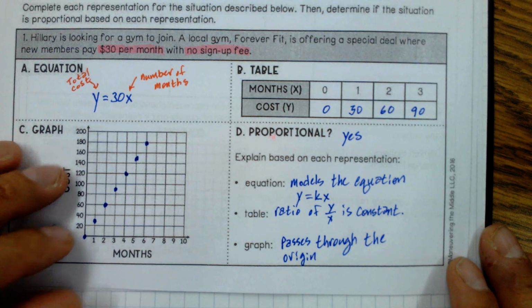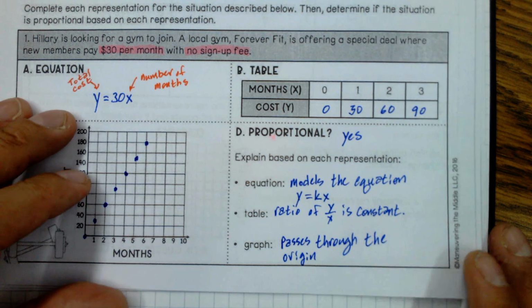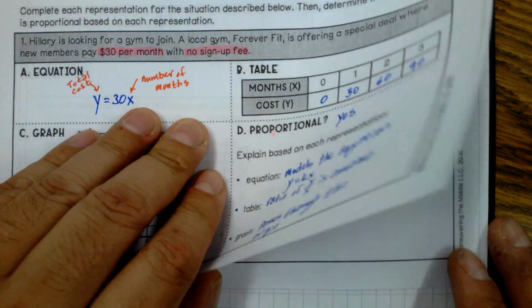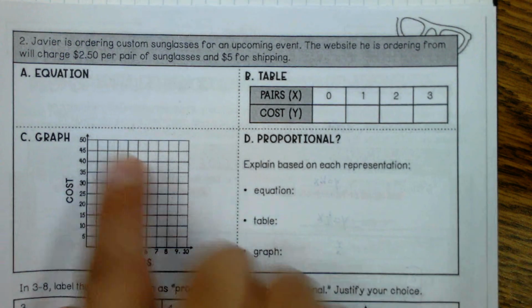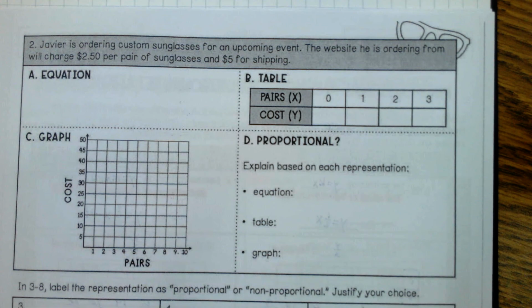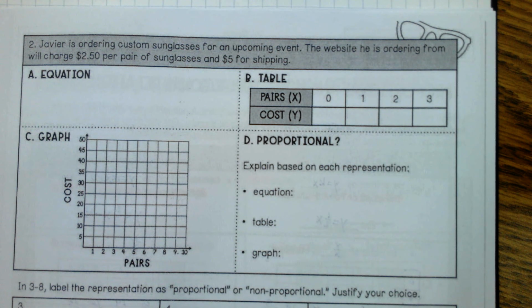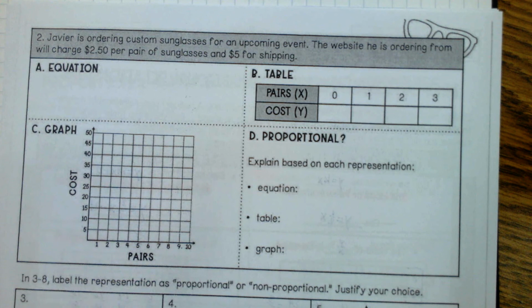Okay. Anyone still writing any of this down? Yes. Because now we're going to try a different one. So Jasmine, would you mind reading number 2? Javier is ordering custom glasses for an upcoming event.